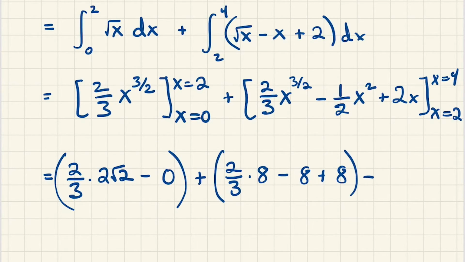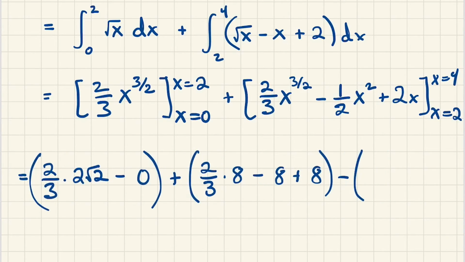And then we are subtracting what we get here plugging 2 in. So 2/3, 2 to the 3/2, I'll write that as 2 root 2, minus 1/2 of 2 squared, which actually just comes out to 2, and then plus 2 times 2, which is 4. Okay.